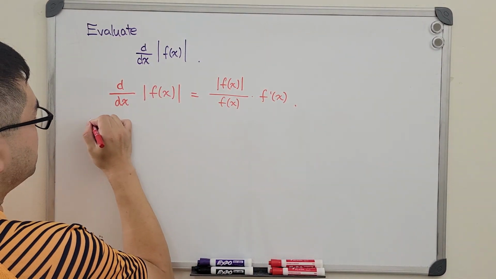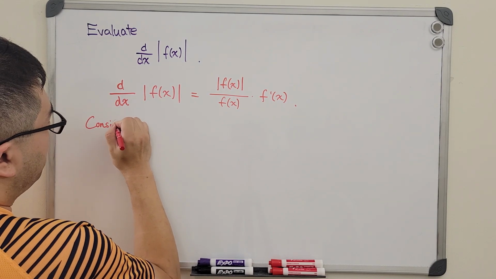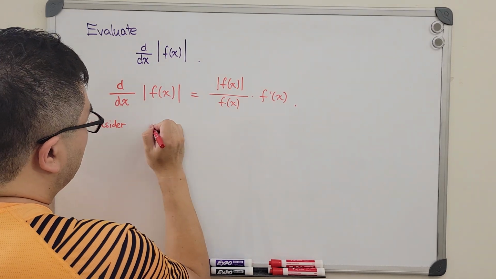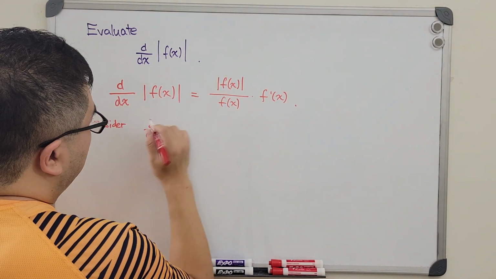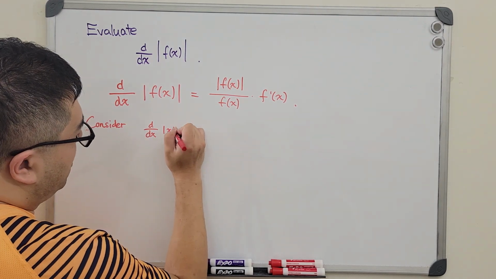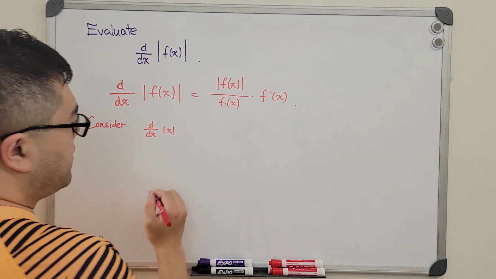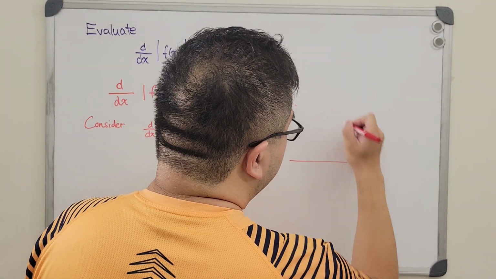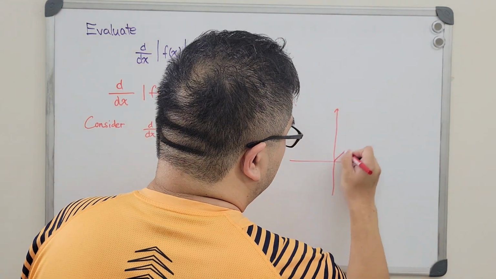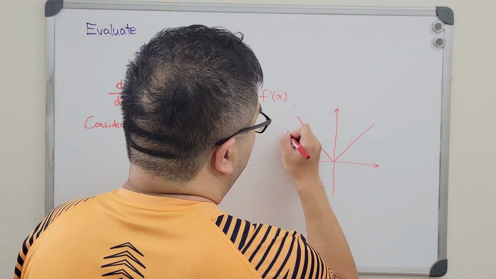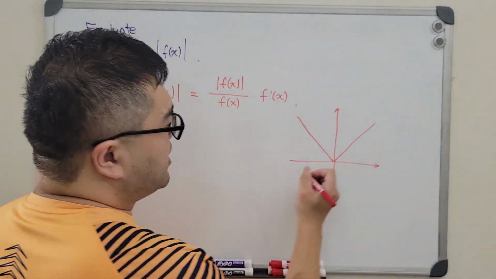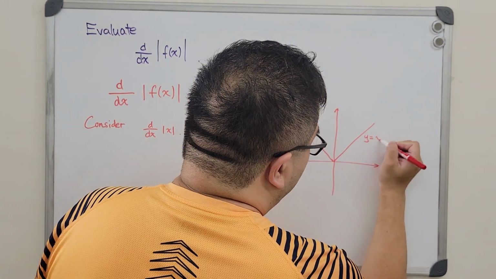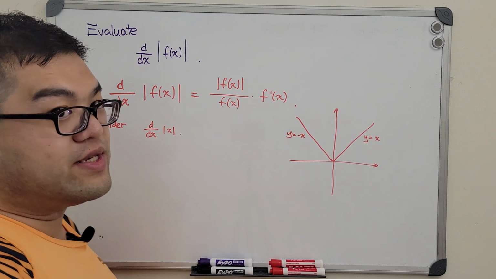First, let's consider that the function f of x is just x. Then we actually get the function which is the absolute value of x here, and then we're going to take the derivative. Now, if we consider the graph of the function, we have the piecewise function such that when x is less than 0, we have y equals negative x, whereas when x is greater than or equal to 0, we have y equal to positive x.